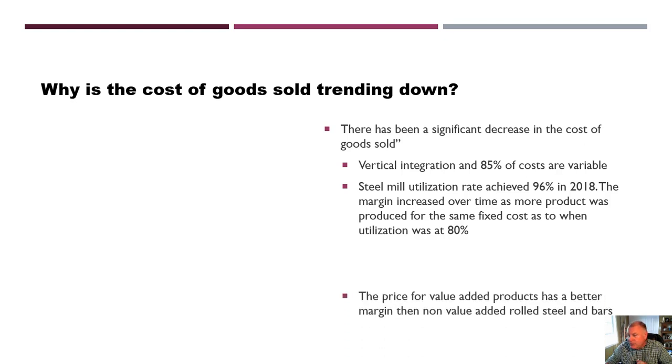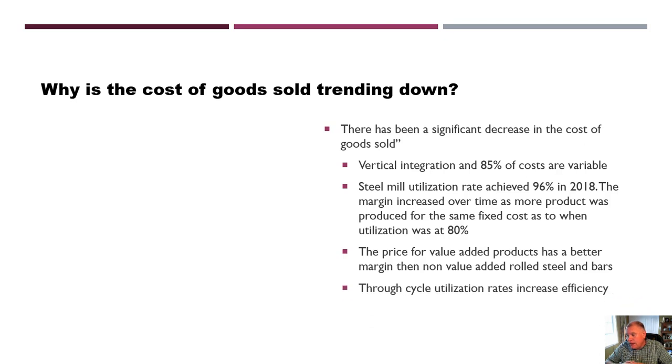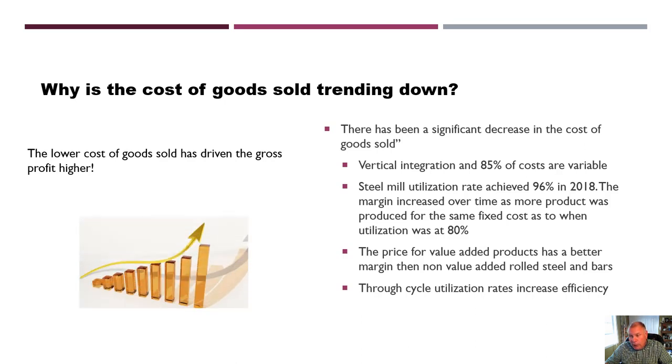At the same time, through cycle utilization, it means how fast does it work, they were able to produce more without any incremental cost. So the cost of goods is trending down, but the lower cost of goods has driven the gross profit higher. So what we have is the effect of the cost of goods trending down was higher gross profit. So that's the first question.